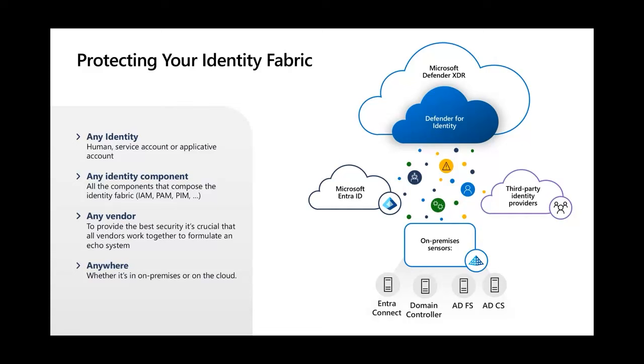Also, service or workload based accounts as well. A service account might be configured in the environment, and that service account, if compromised, might have, and often does have, some high level of privilege. So how do we get visibility of that? How do we protect that as well? So any identity, essentially, and any identity component.